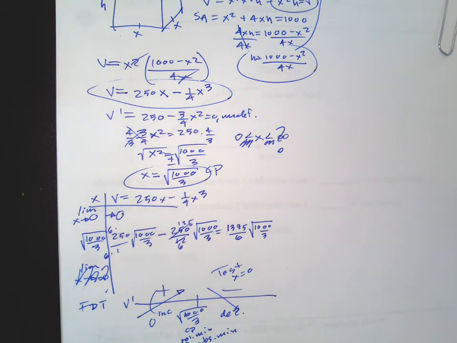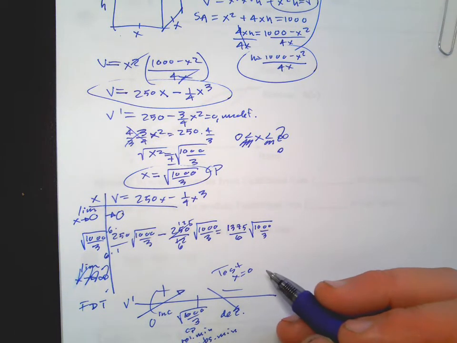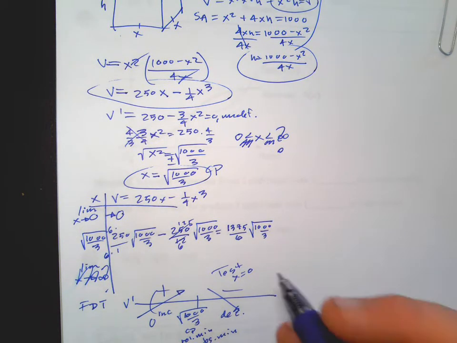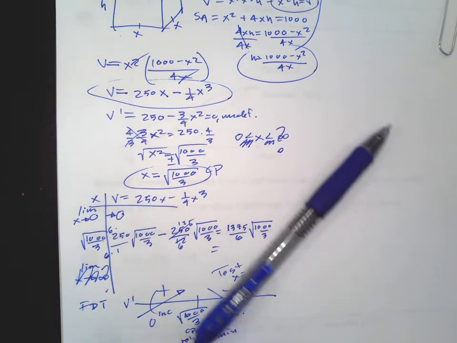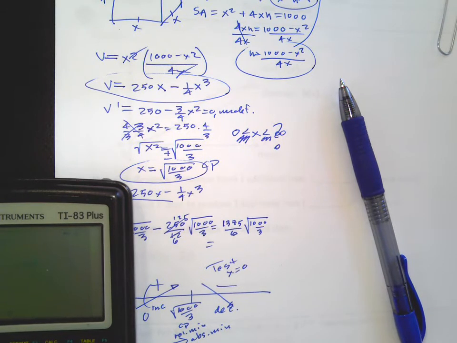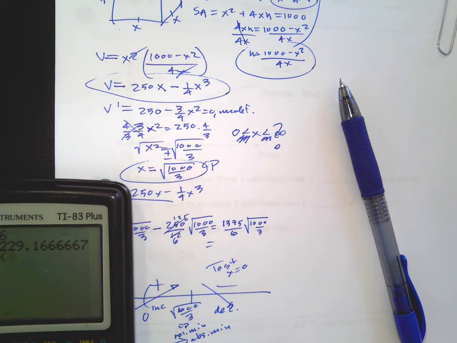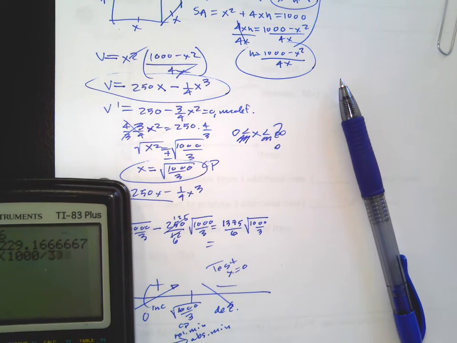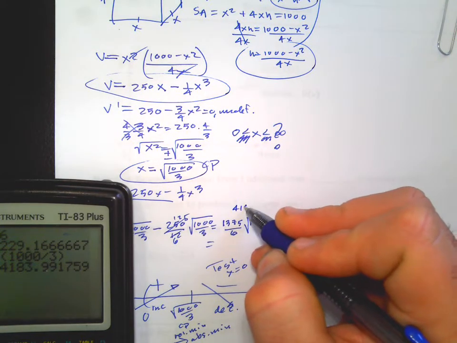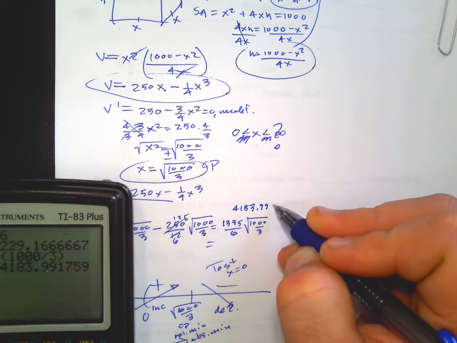And so they asked for the dimensions. Okay, so if you calculate this with your calculator, let's see. I tried it before. Let's see if I get the same answer. 1375 divided by 6 times the square root of 1,000 divided by 3 comes out to 4183.991.